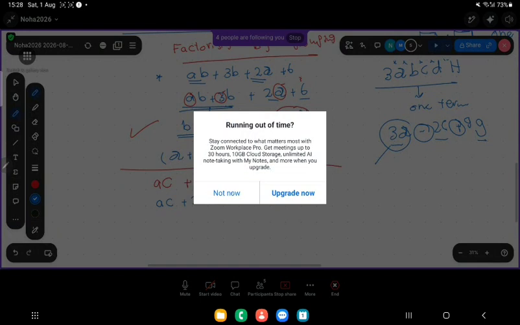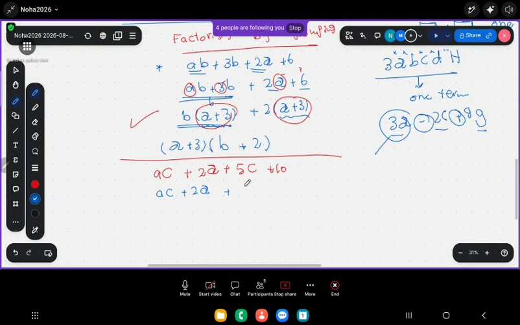And the other group is going to be 5C plus 10. Here, take out A, you will reach C plus 2. If you take out 5, you will reach C plus 2. I found the same brackets. So here, with C plus 2 as a common factor, you take it out, and the other bracket is A plus 5.